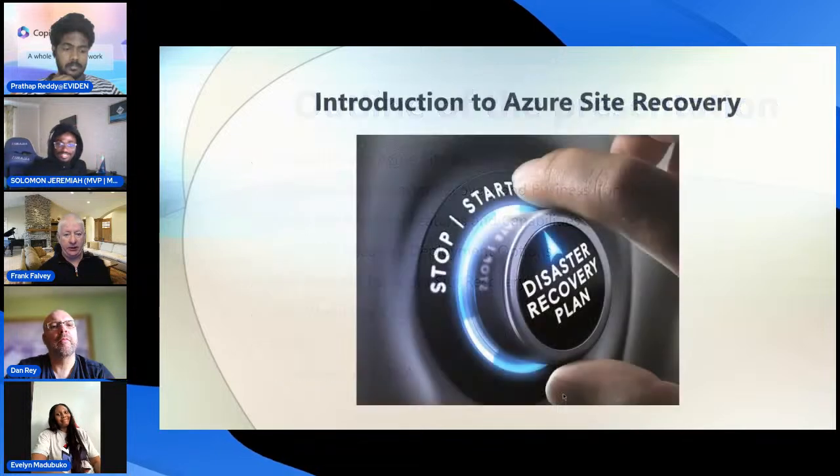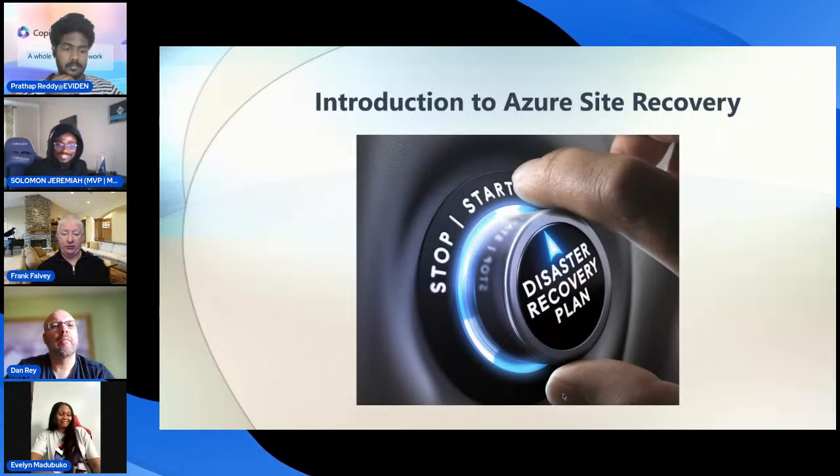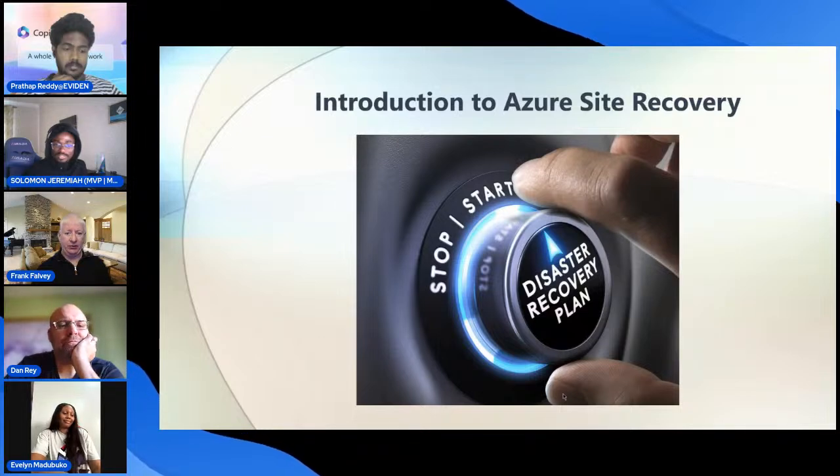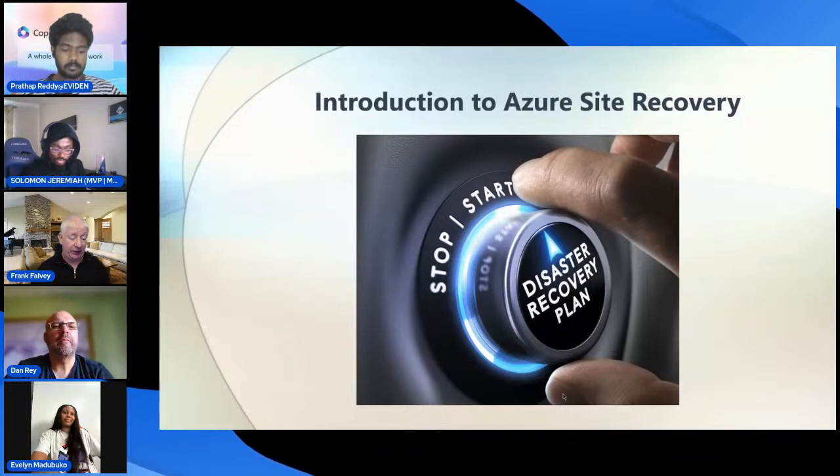So we'll continue. The introduction to Azure Site Recovery: everybody needs to have a plan. If something happens, like ransomware, or if a natural disaster happened, whatever, you need to have a plan in place.